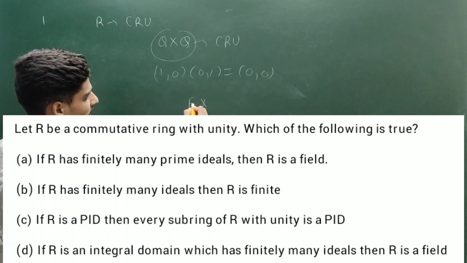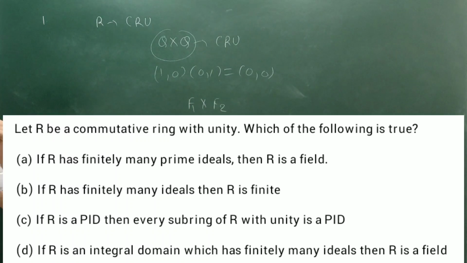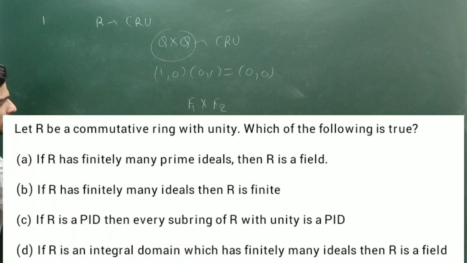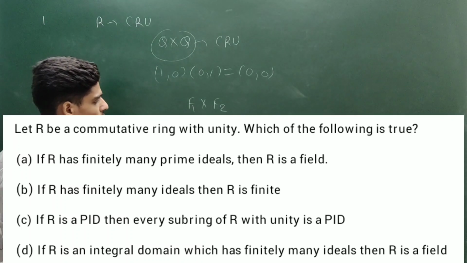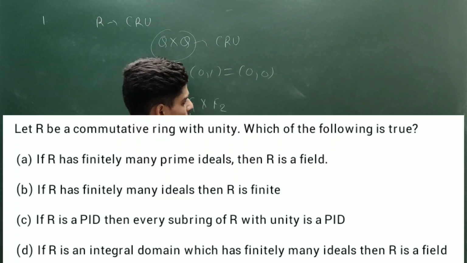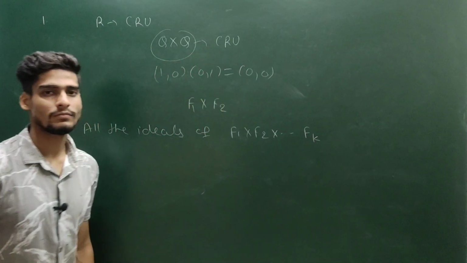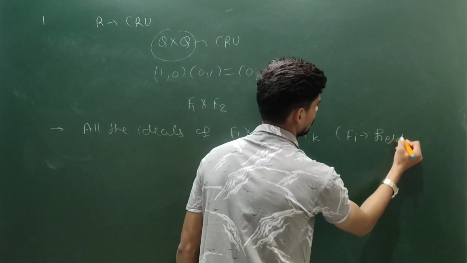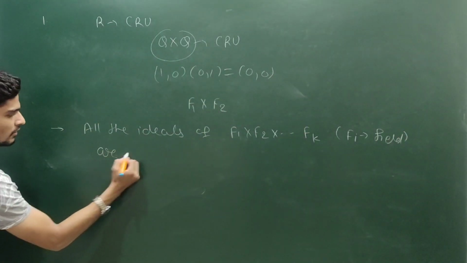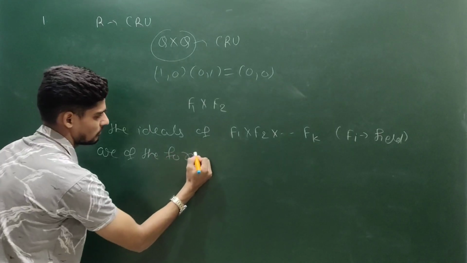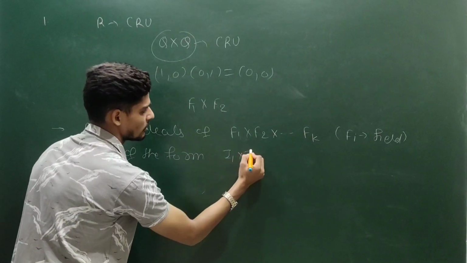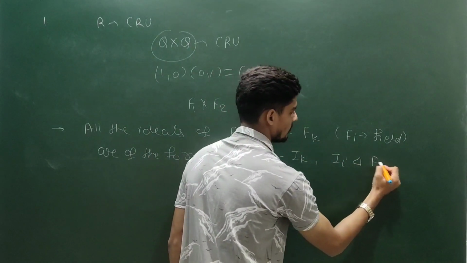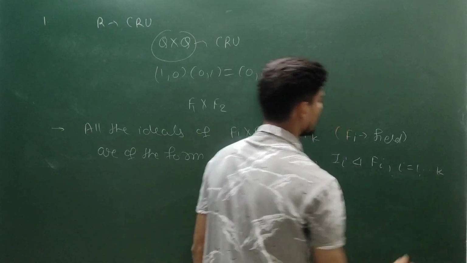Whenever you say F1 cross F2 up to Fk, where each Fi is a field, all the ideals of this structure are of the form I1 cross I2 up to Ik, where each Ii is an ideal in Fi, with i running from 1 up to k.